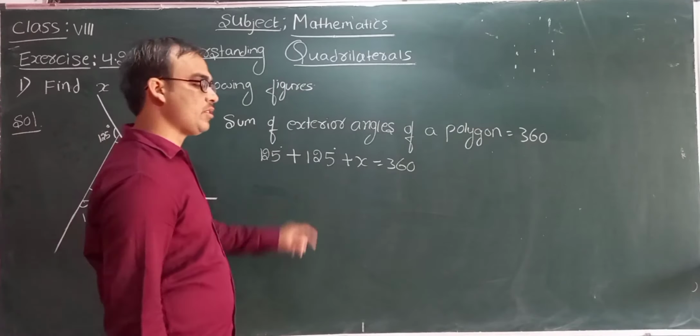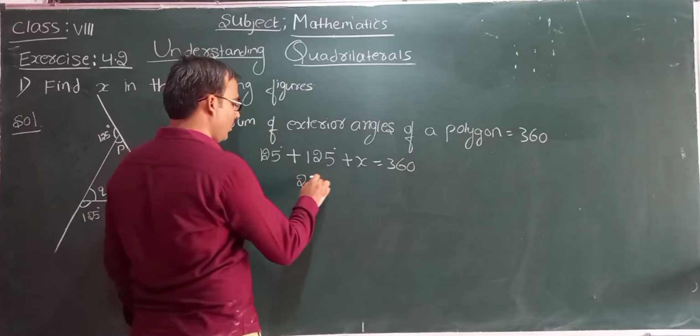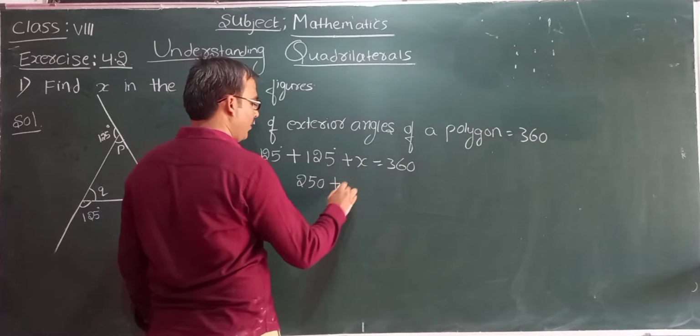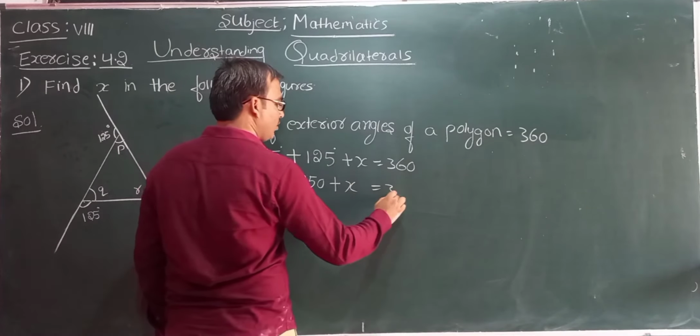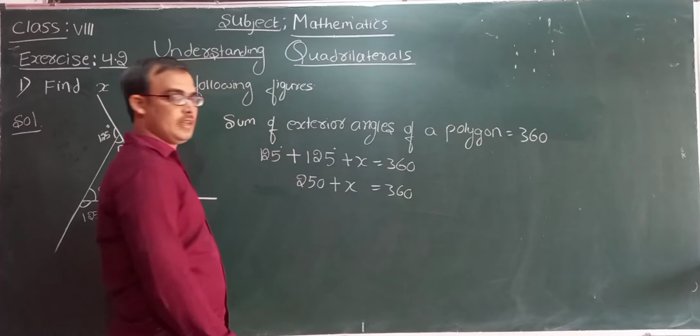Now 125 plus 125 will be 250, plus x equals 360 degrees.